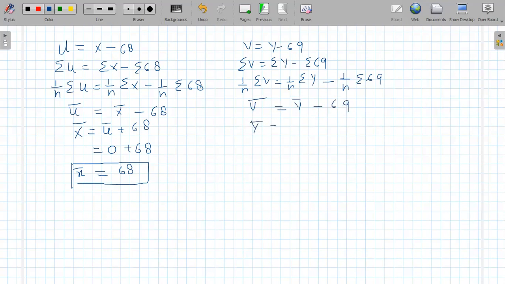So y bar is v bar plus 69. v bar is 0. So we have y bar is equal to 69.